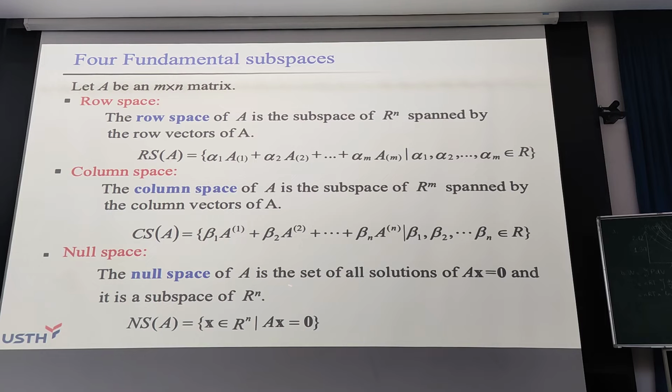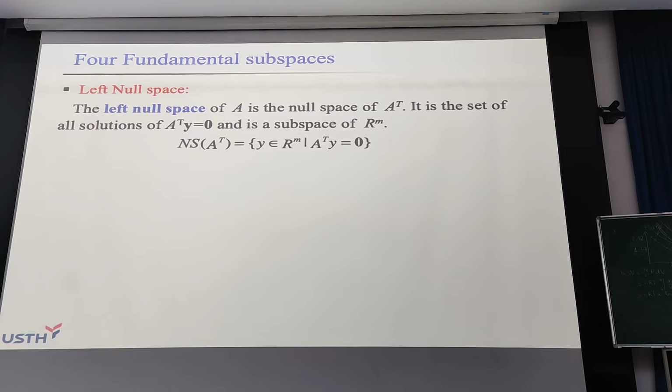The null space of A is the set of all solutions of Ax equals 0, or by formula, NS(A) equals the set of all x in R^n such that Ax equals 0. If you remember, Ax equals 0 is exactly the homogeneous system of linear equations. And the last one is named the left null space of A, here.